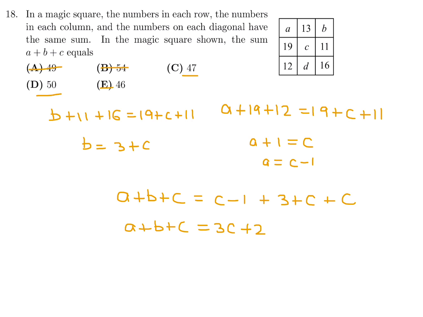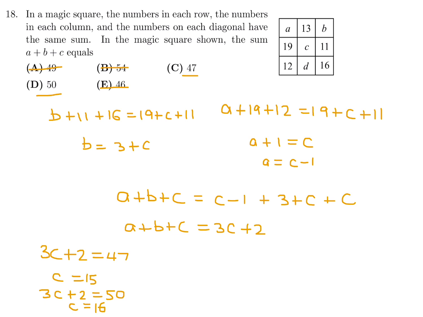So this is out, and this is out. But we still have two. We have to figure out which one of those. Okay. Well, first let's figure out what is C for each of those. If it's 47, that means C is 15. If it is 50, then that means C is 16. All right, so let's make a table now.